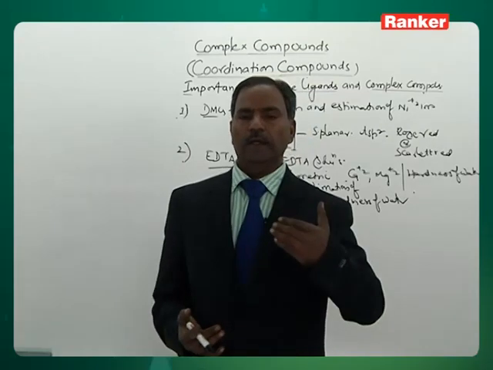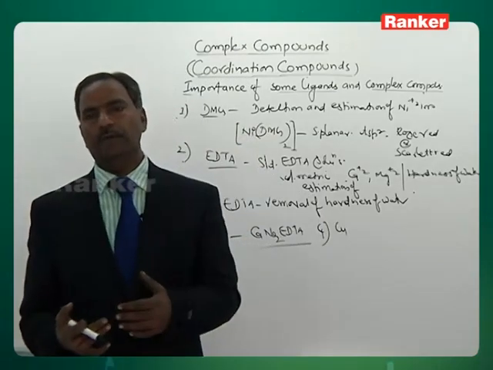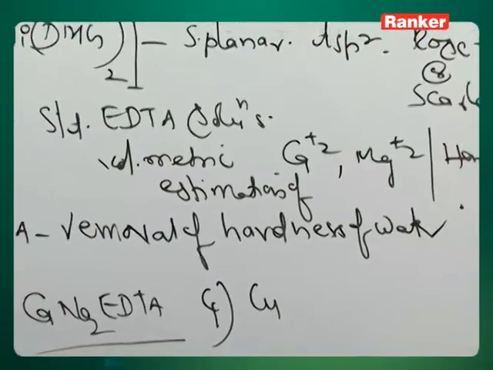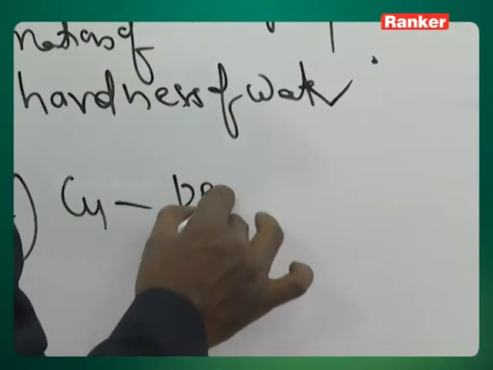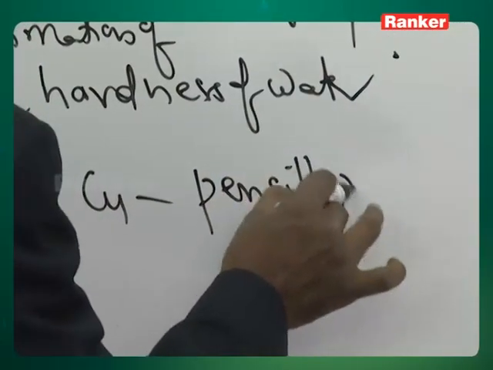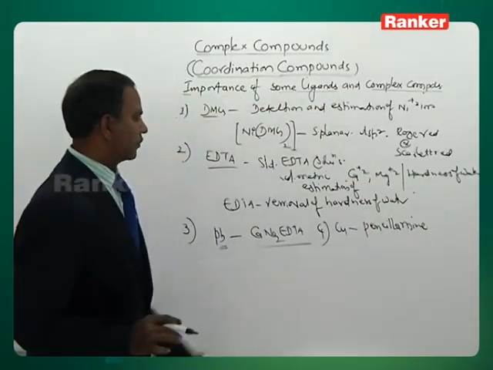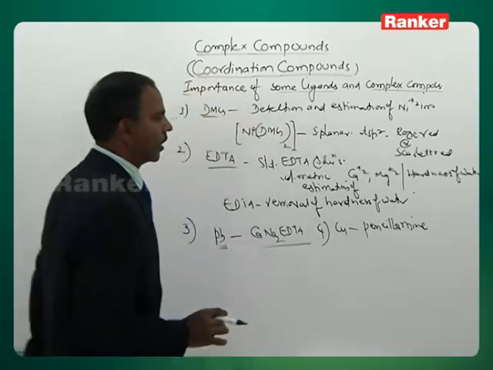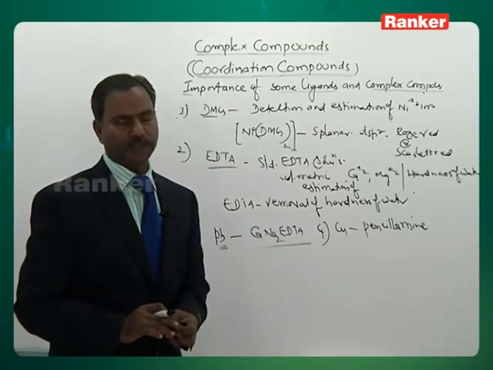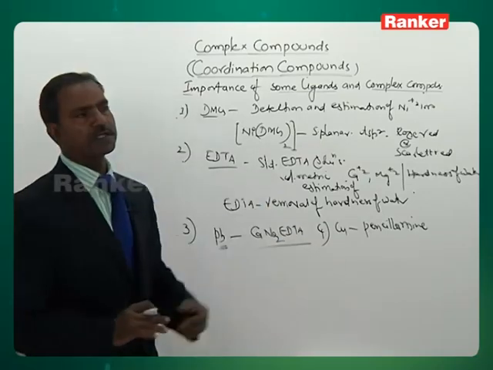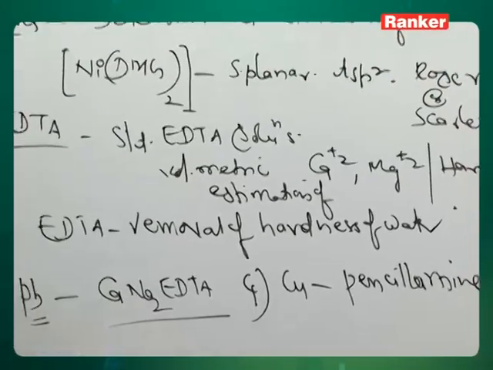Once we diagnose that copper is there in our body more than the required amount, then for its removal we use the ligand penicillamine, because excess copper in the body causes a disease known as Wilson's disease.